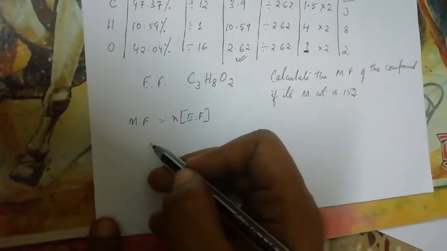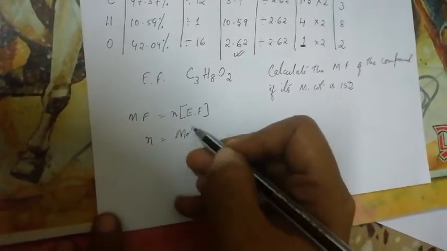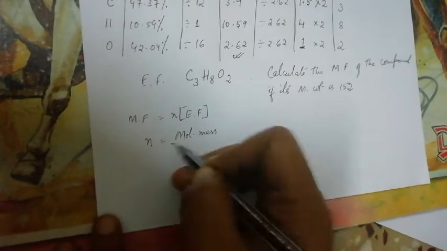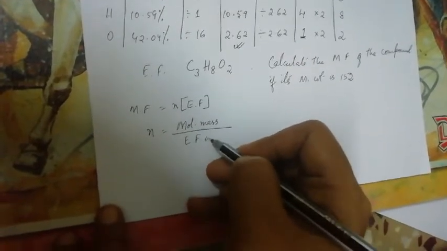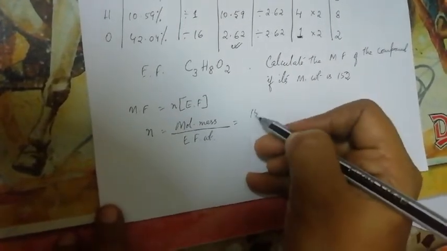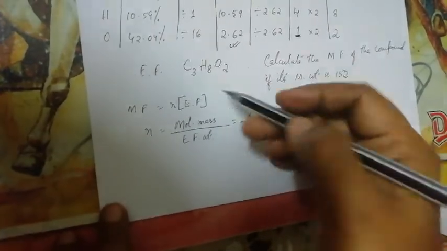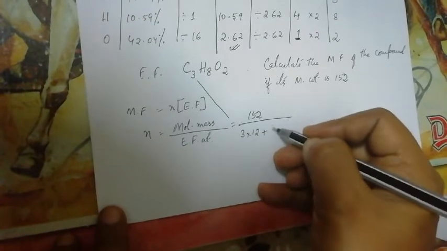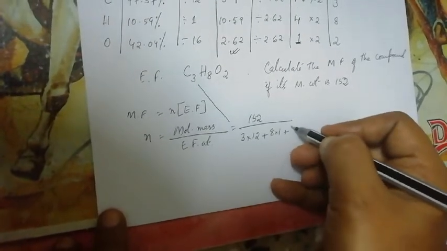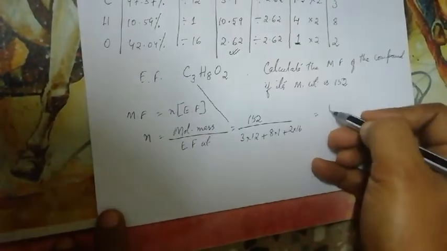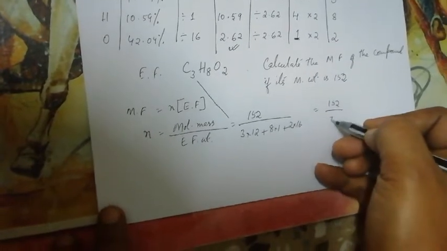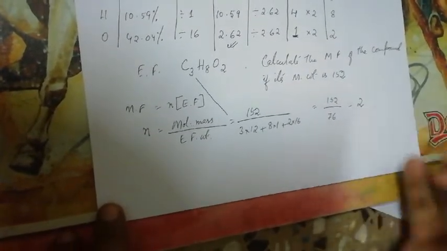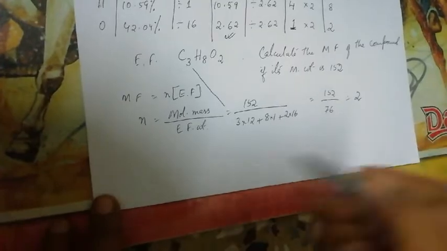Now n is molecular mass divided by empirical formula weight. Molecular mass is 152. It is given in the question. Empirical formula mass you get from this: 3 into 12 plus 8 into 1 plus 2 into 16. So this comes to 76. So n comes to 2. Don't worry, this will always be a whole number.